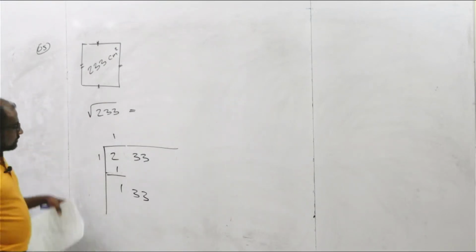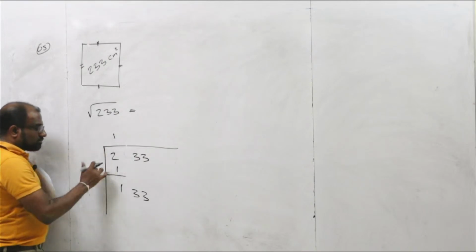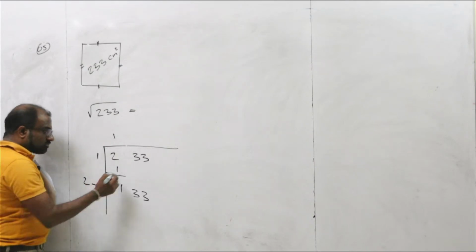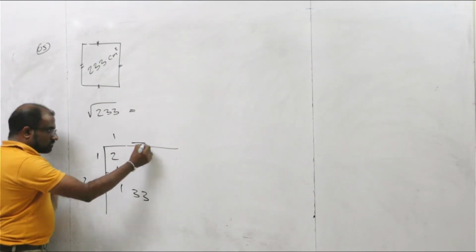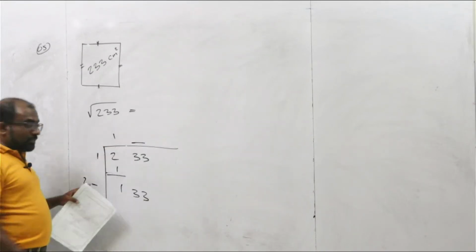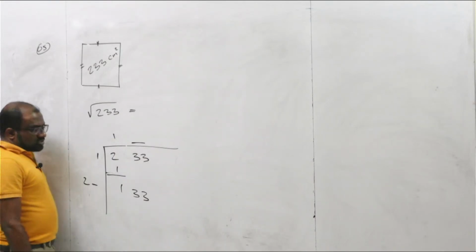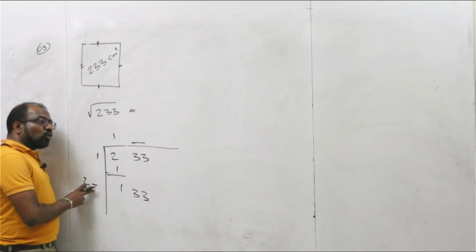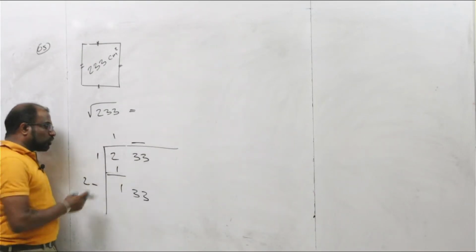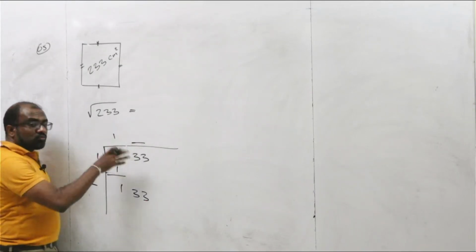Then 1 plus 1, 2. Now we try 21 into 1, 22 into 2, 23 into 3 is 69, 24 into 4 is 96, 25 into 5 is 125, 26 into 6 is 156.